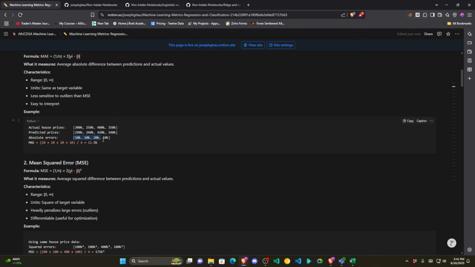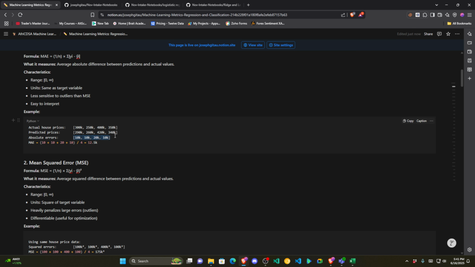So these are the absolute differences. For example, 300 minus 290k is 10k. 250 minus 260 is 10k. 400 minus 420k is 20k, and 350 minus 340 is 10k. And this is what we mean by absolute errors.